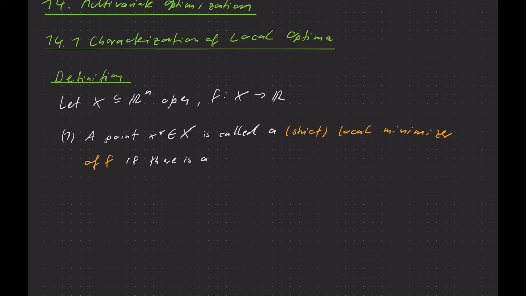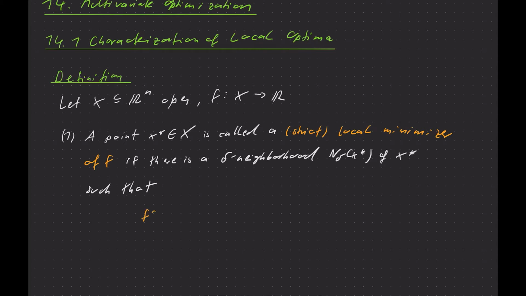if there is a delta neighborhood around that point, of course, N delta of x star, such that the following holds.